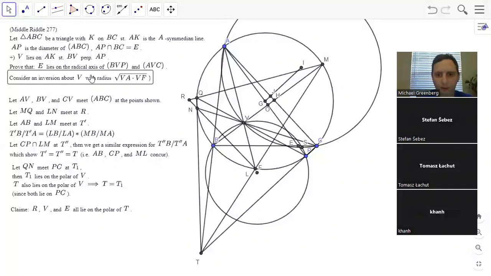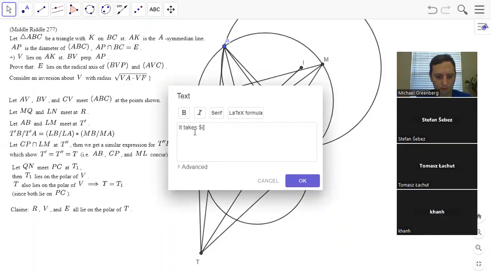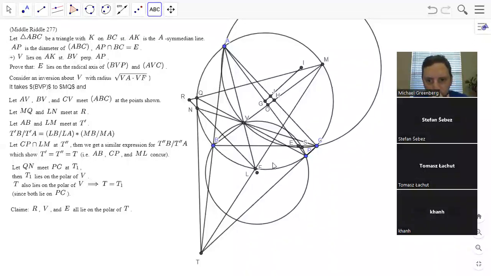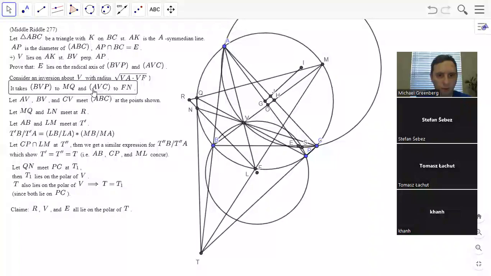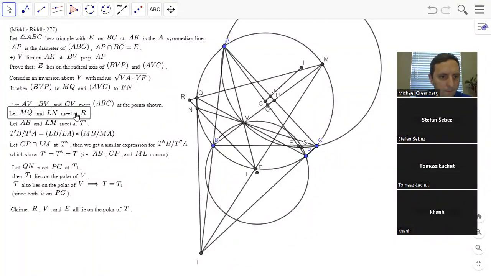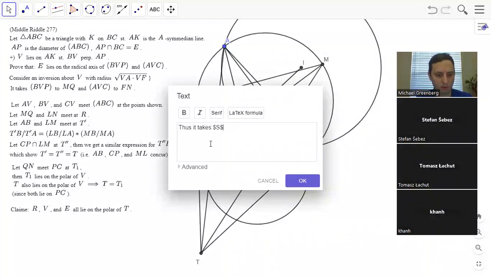So it takes BVP to MQ, and AVC to FN. So thus it takes S to R.